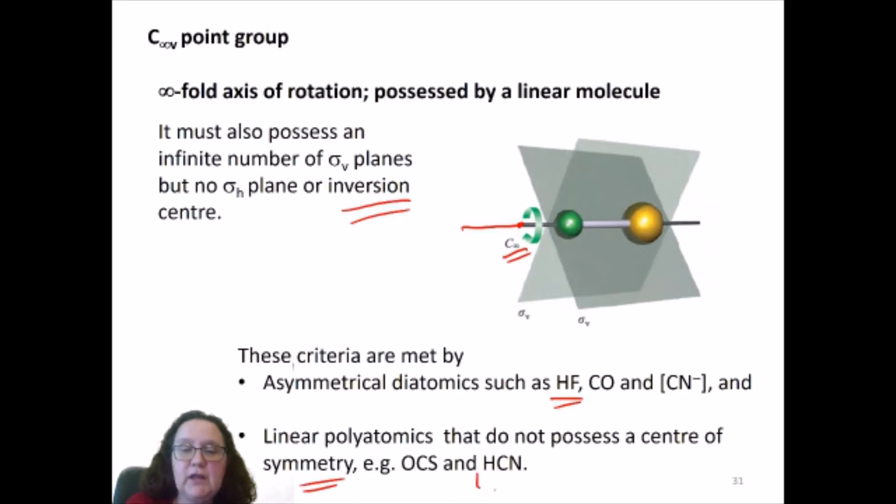For example, I give here the example of hydrogen cyanide. So in these molecules, the three atoms sit on the same axis. There's a C infinity. They have sigma V planes, but they do not have any inversion center, and they don't have any sigma H, no plane that is perpendicular to that C infinity, that principal axis.